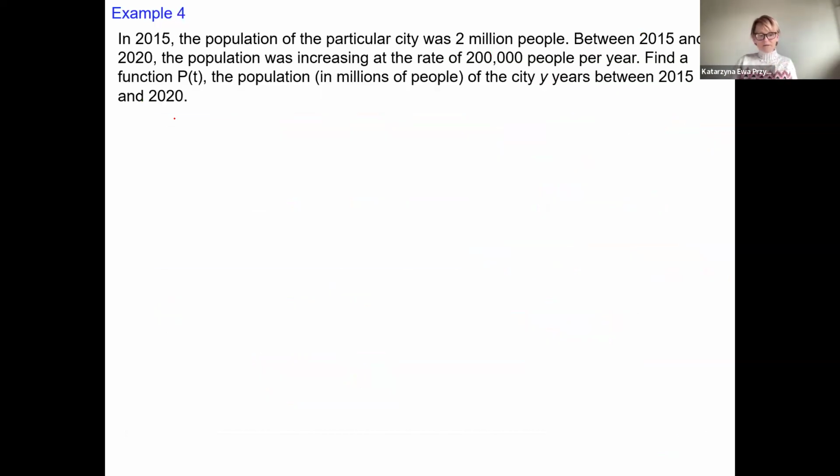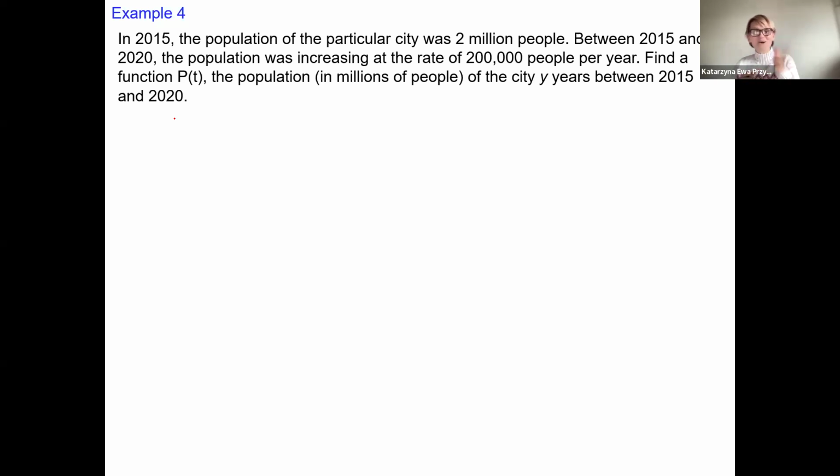Let's maybe do one application. I have a couple of them, but you will do the next one. In 2015, the population of a particular city was 2 million people. Between 2015 and 2020, the population was increasing at the rate of 200,000 people per year.